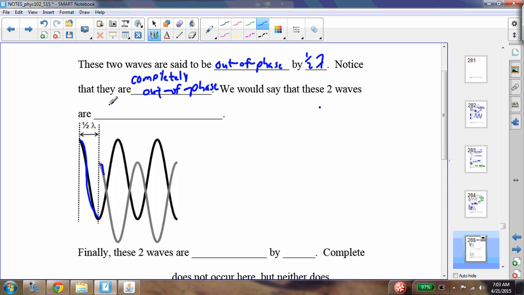We would say that these two waves are 180 degrees out of phase.